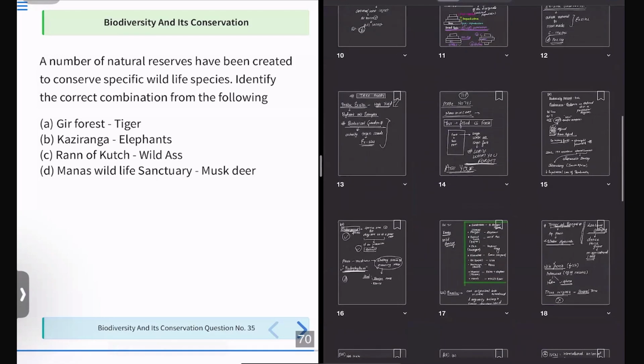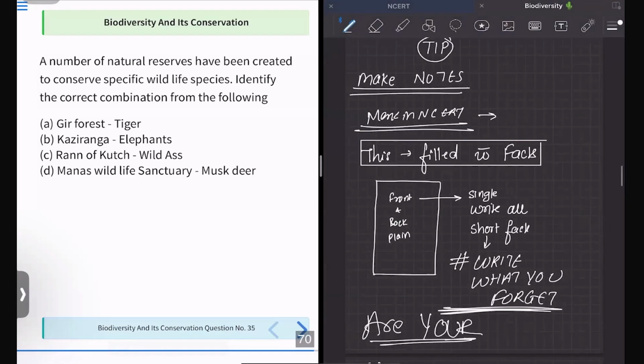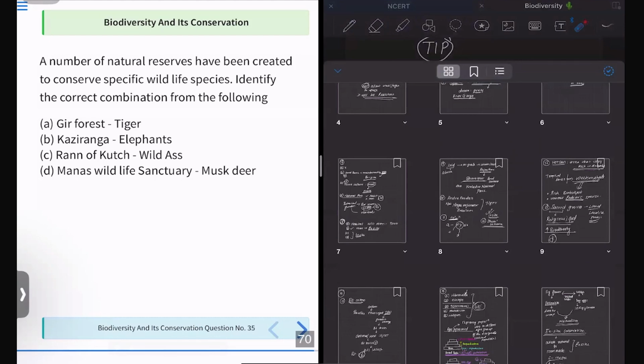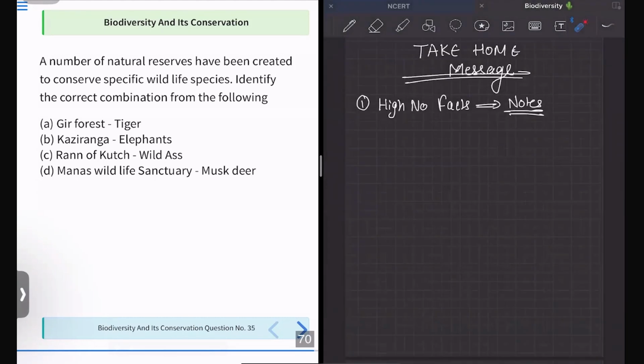I can't find it here. We have discussed how to make notes. I have given you tips on how to make notes. You should make notes for yourself, because there are a big number of facts. You will have two or maximum three questions, and these are easy to score because they are simple concepts.